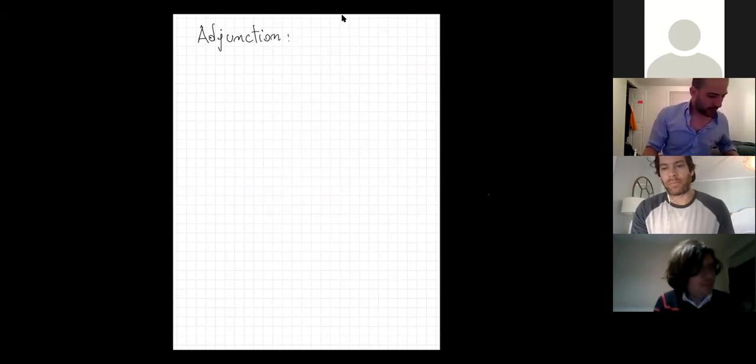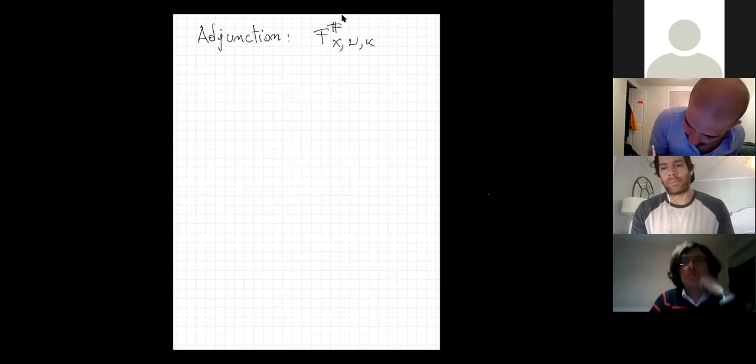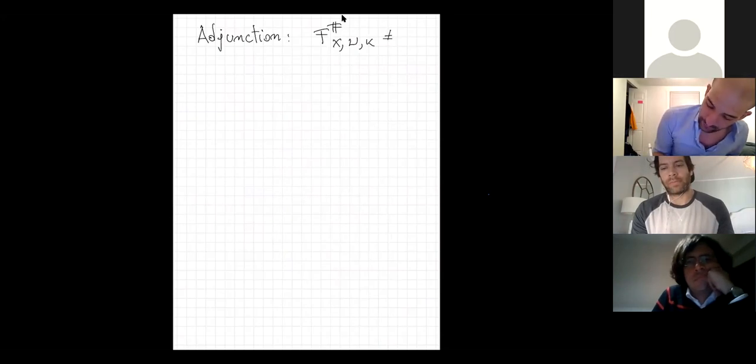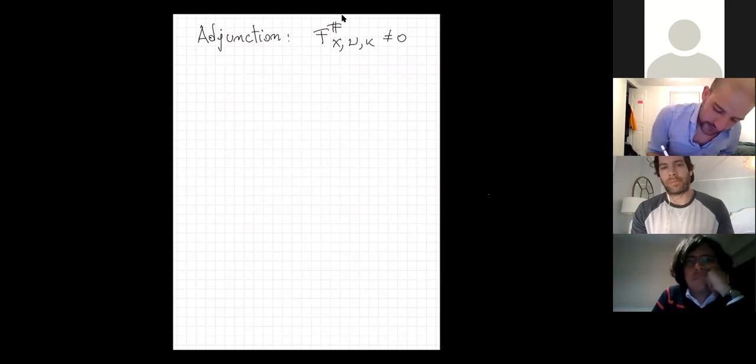So the adjunction says that if you have non-vanishing of the maps, then a certain geometric property is satisfied, and the geometric property is the adjunction inequality.